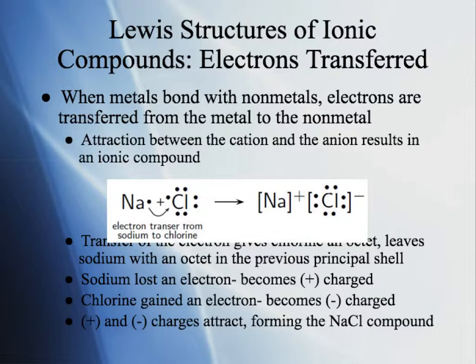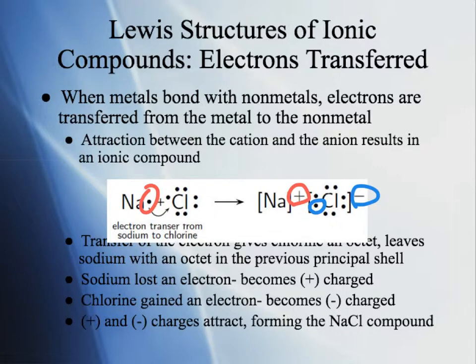So we can show this as Lewis dot structures, where we can show the metal atom, for example sodium, with its one valence electron here, and we can show an arrow saying that it's going to transfer it to chlorine. So in the end, when we're doing Lewis dot structures for ionic compounds, we want to make sure that we have our metal atom being a positive charge with no dots around it because it has lost all its valence electrons, and the nonmetal atom gaining the electron and becoming a negative charge.